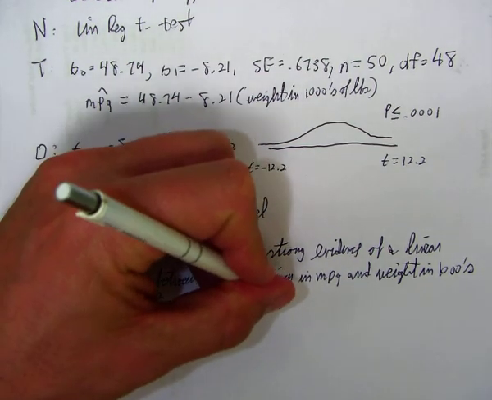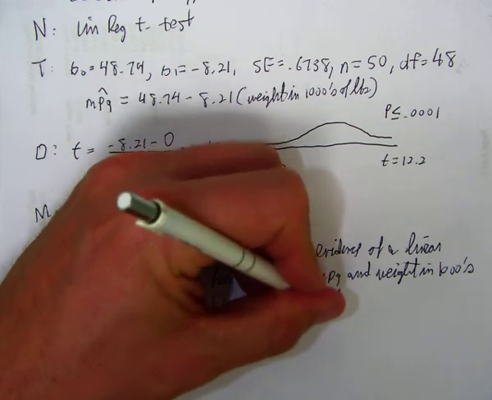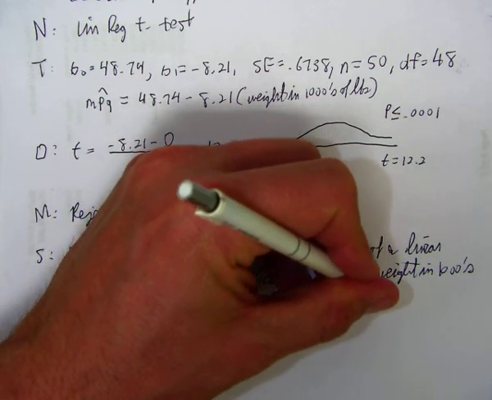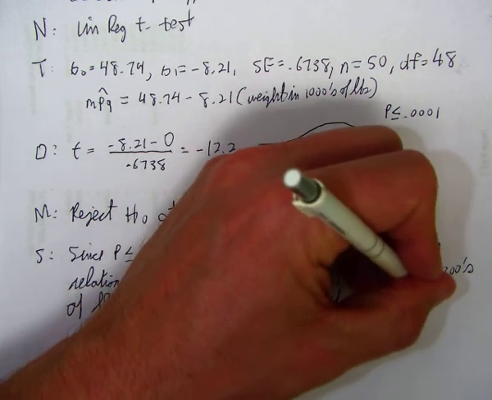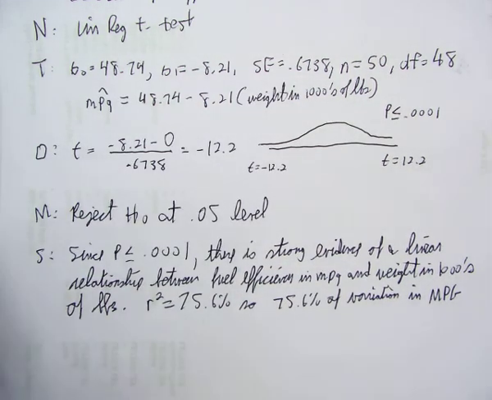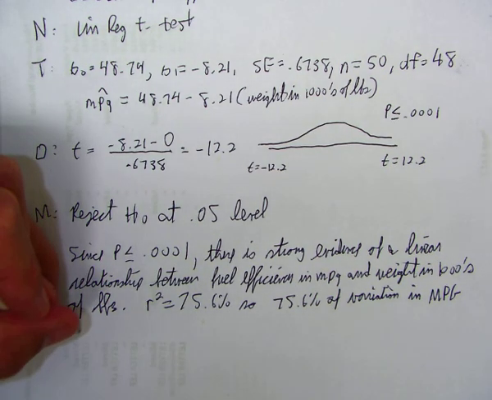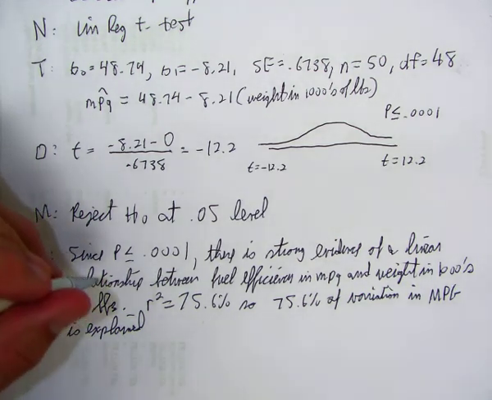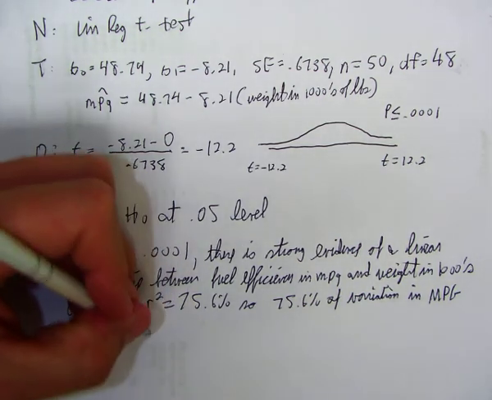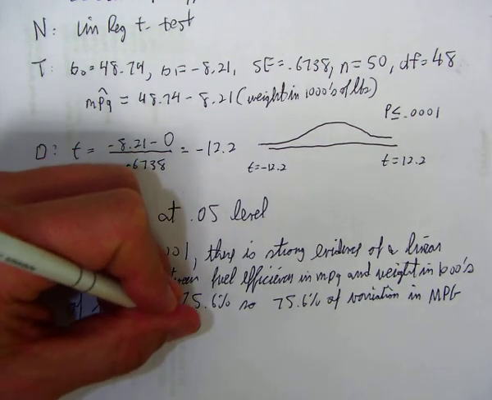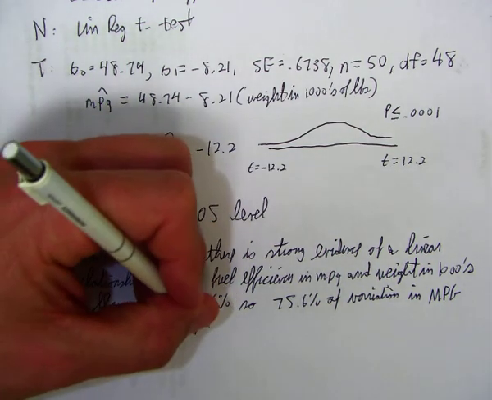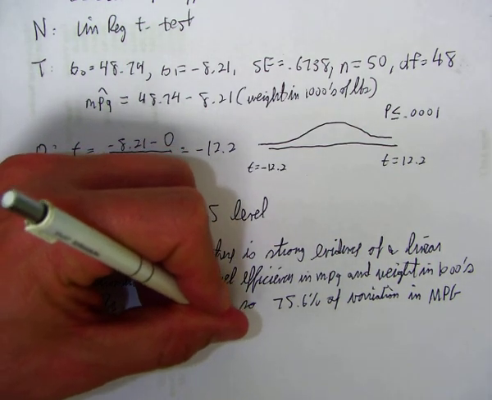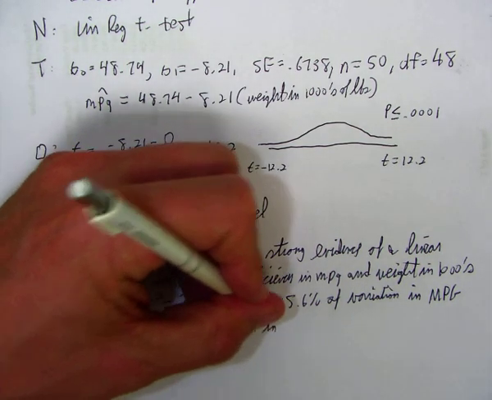So 75.6% of the variation in miles per gallon, you could put as explained by the linear relationship with, I'll put that down, is explained. You could put by the variation in weight. You could put by the least squares regression line, but I'm going to put by the variation in weight.